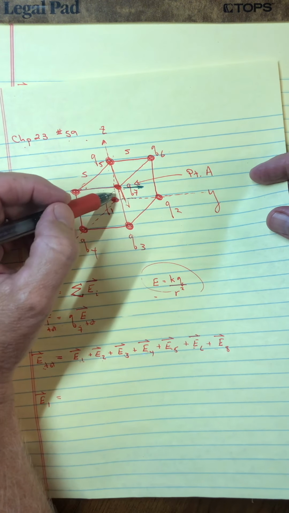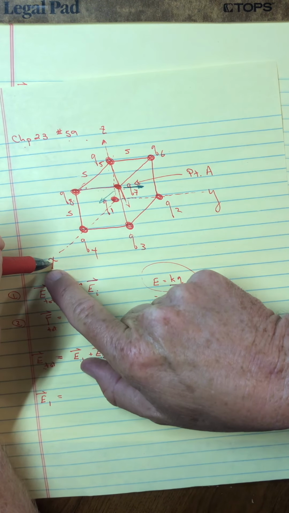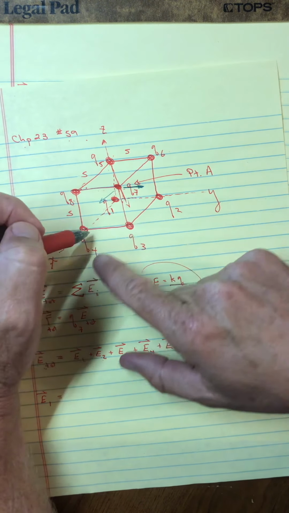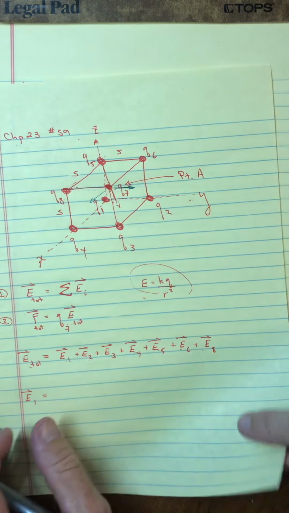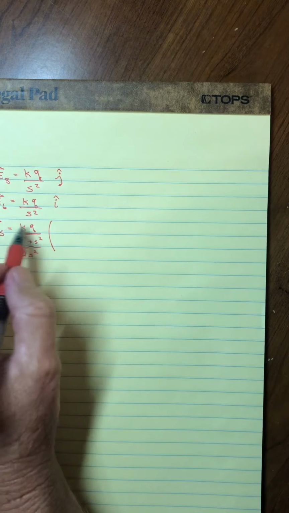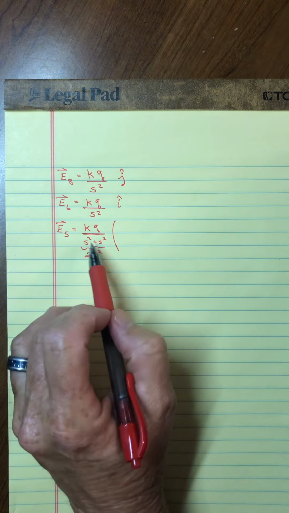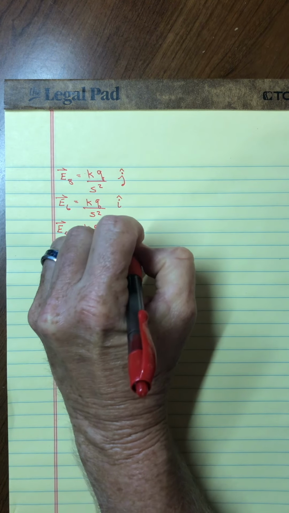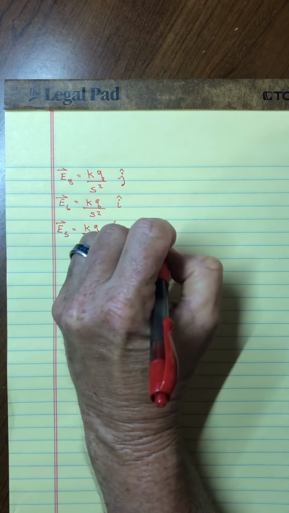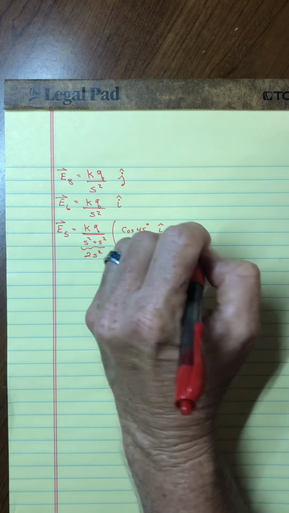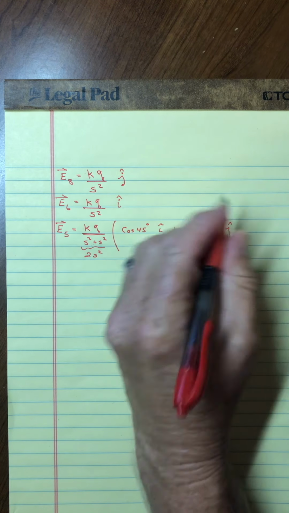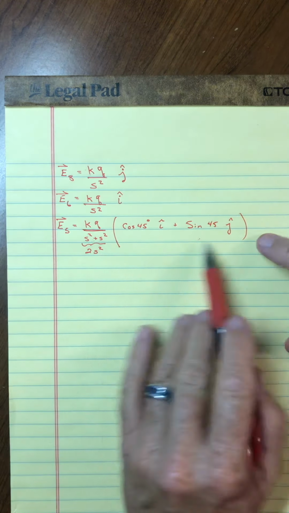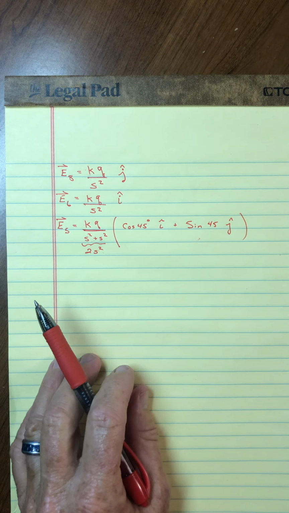The cosine of 45 would give us the x component, and the sine of 45 would give us the y component. So what I'm going to do in my math here is say, this is the magnitude of number 5. If I go cosine of 45 degrees and multiply by i hat, and then sine of 45 degrees and multiply it by j hat, those would give me the two components.